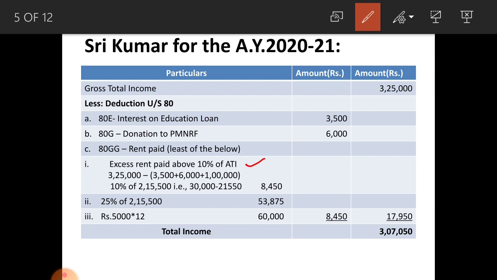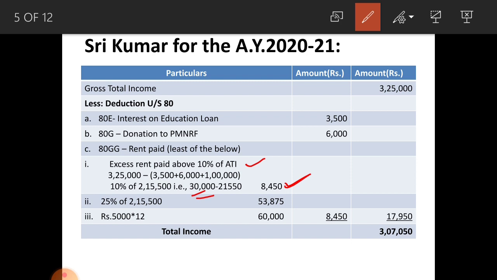Rent paid amounts to rupees 2,500 per month. For 12 months it amounts to rupees 30,000. When you deduct that 21,550 from 30,000, you get 8,450, that is excess rent paid above 10% of ATI.